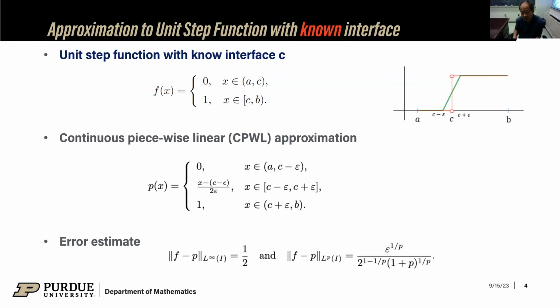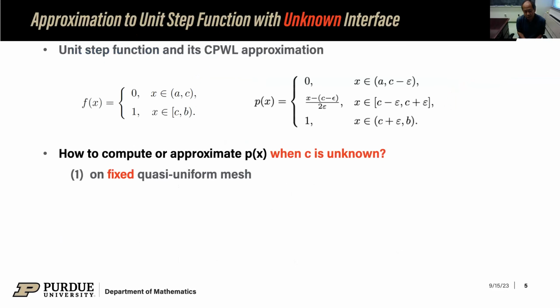Then the question is, when we apply this to the hyperbolic conservation law and we don't know the interface, what can we do? So it's natural to ask: if I don't know c, and I'm using the existing function class to approximate this function, what can I do?